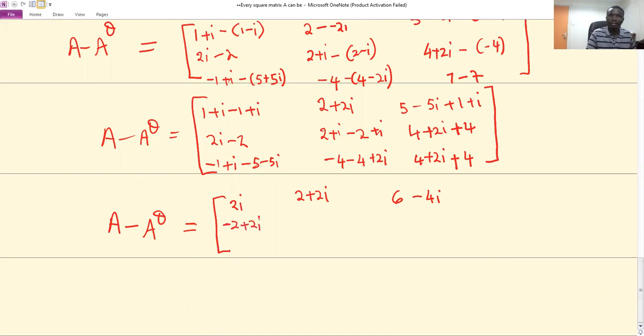And then this I plus I is 2I, because 2 minus 2 cancels out. This will be 8 plus 2I, negative 1, negative 5, negative 6, and then minus 4I, minus 8 plus 2I.